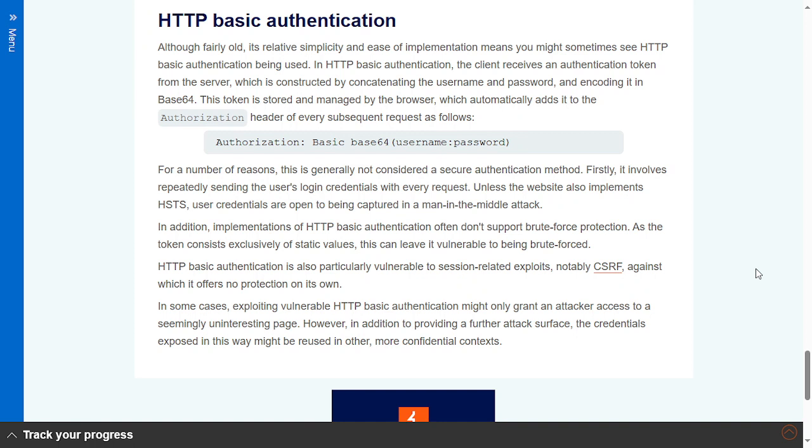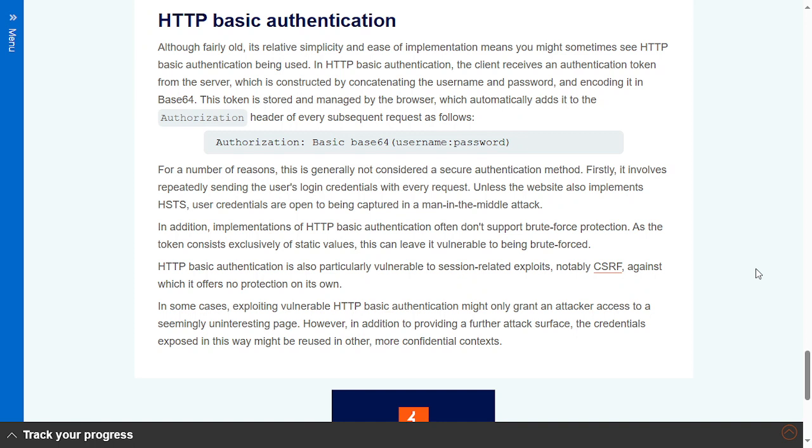This token is stored and managed by the browser, which automatically adds it to the Authorization header of every subsequent request as follows: Authorization: Basic base64(username:password).